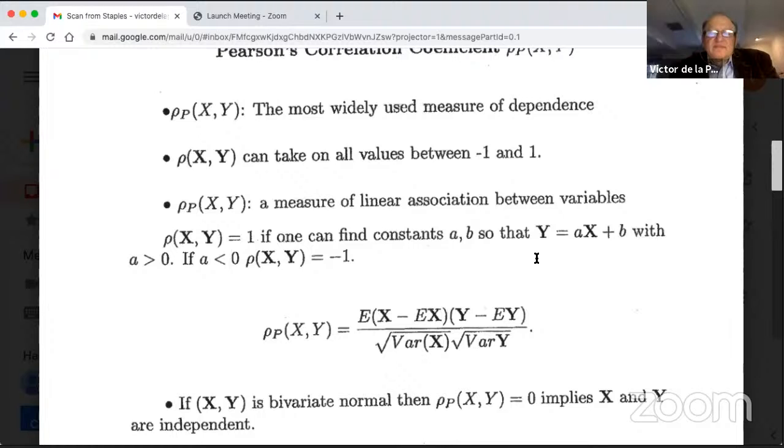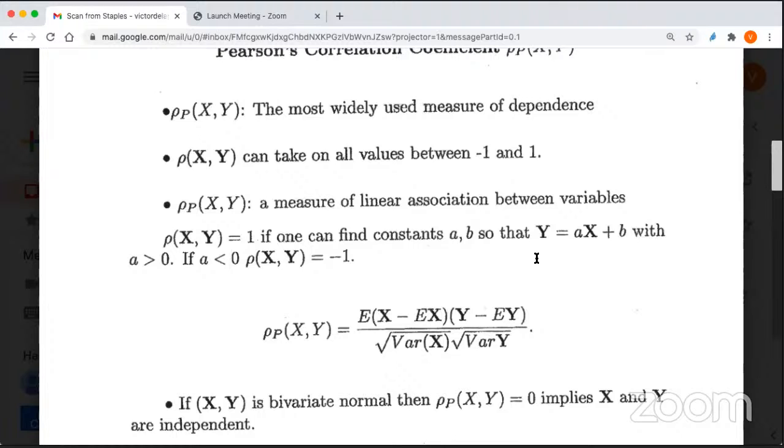So x and y are not independent, but the correlation is 0 too. We just have no correlation, but we cannot say anything about independence. I'm sorry for my English.